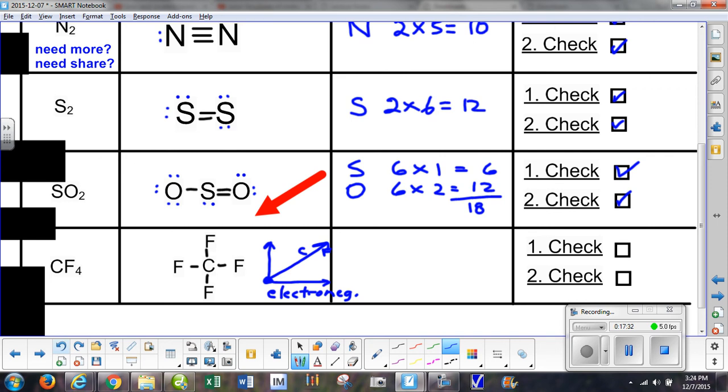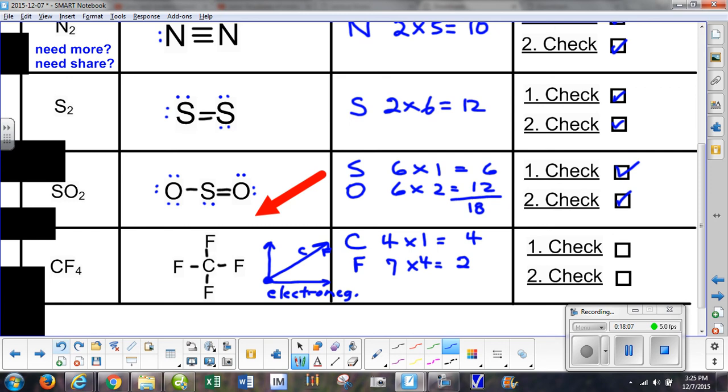Okay, if you've done the calculations on the total number of electrons in the molecule, this is what it should look like. We have a carbon. The carbon has 5, no, carbon is in column 4. He has 4 valence electrons. And we have 1 of him, so we got 4 from the carbon. Now we have fluorine that has 7 valence electrons because he's in column 7, and we have 4 of him.